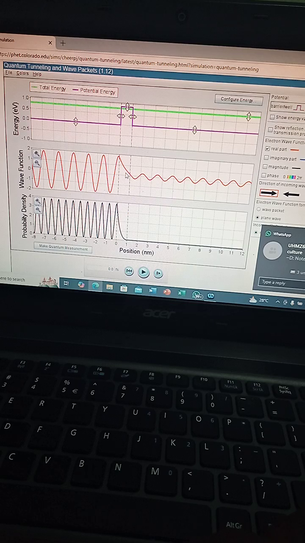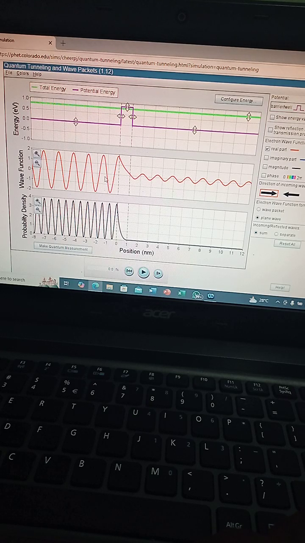This signifies that the energy of the particle at the right-hand side of the barrier is more than the energy of the particle at the left-hand side of the barrier.